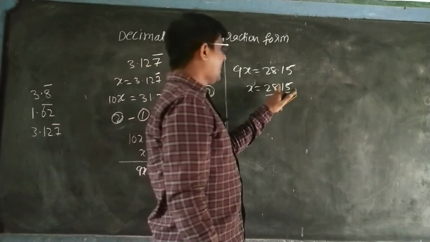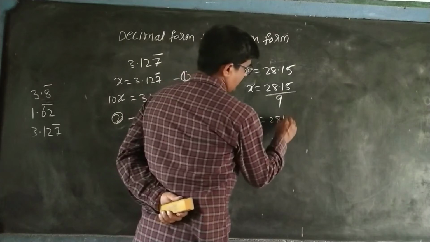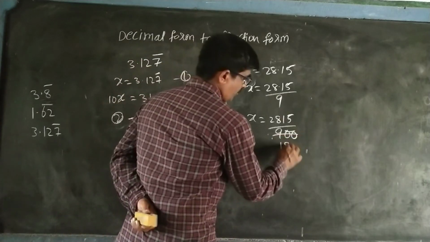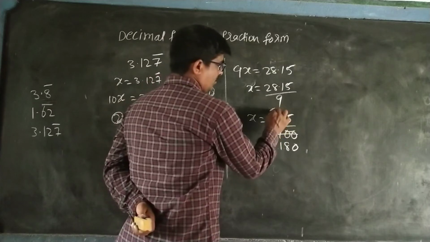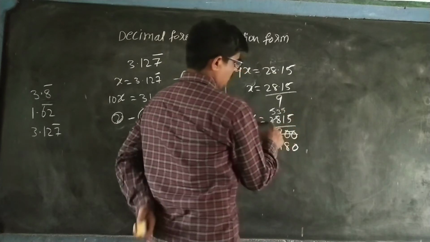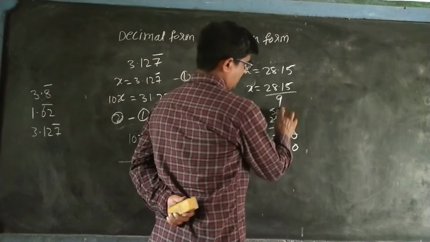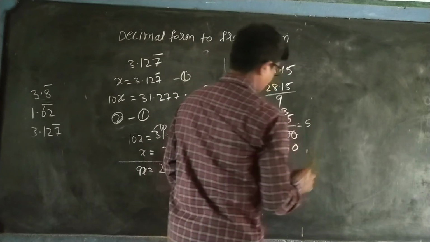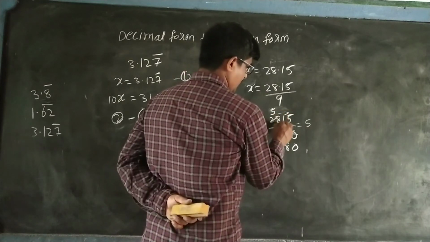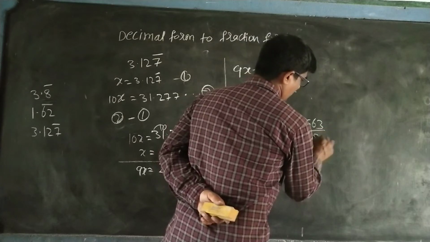Here a little change: 2 decimal places, so I keep 2 zeros in the denominator. x is equal to 2815 by 900. Simplifying by 5 gives 563 by 180.